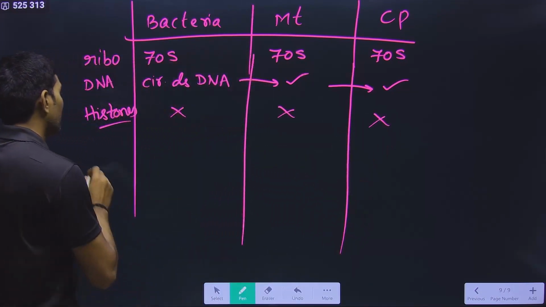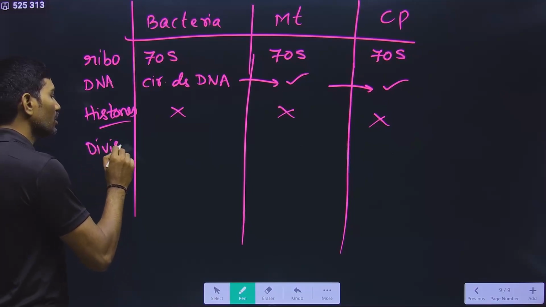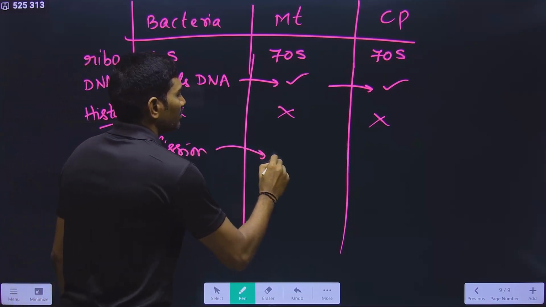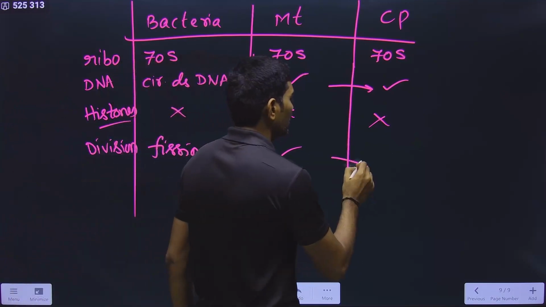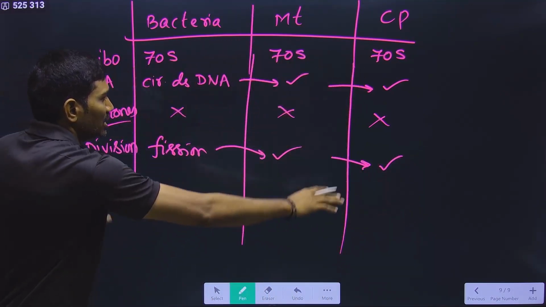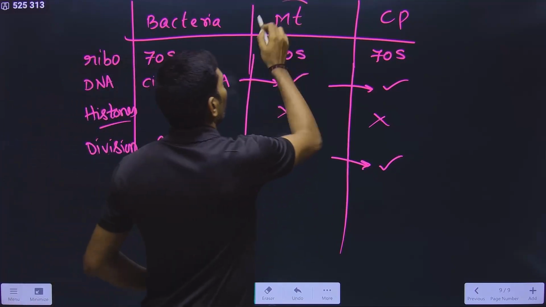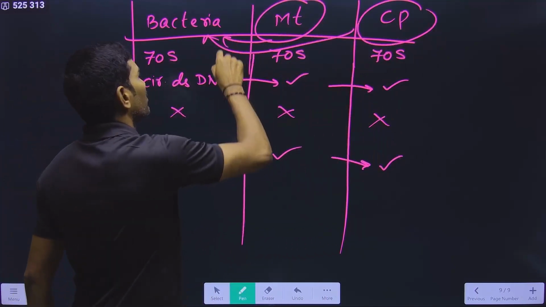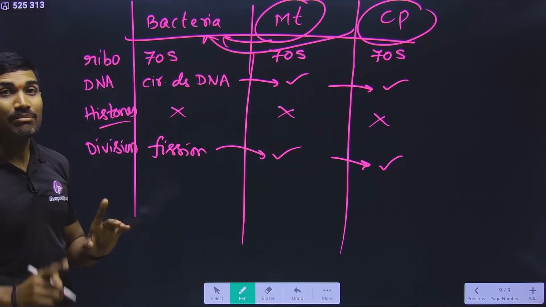Understood or not? Next one is division. Bacteria divide by fission, and mitochondria also divide by fission, and chloroplast also divides by fission. So please understand, for the majority of these properties, mitochondria and chloroplast resemble bacteria.